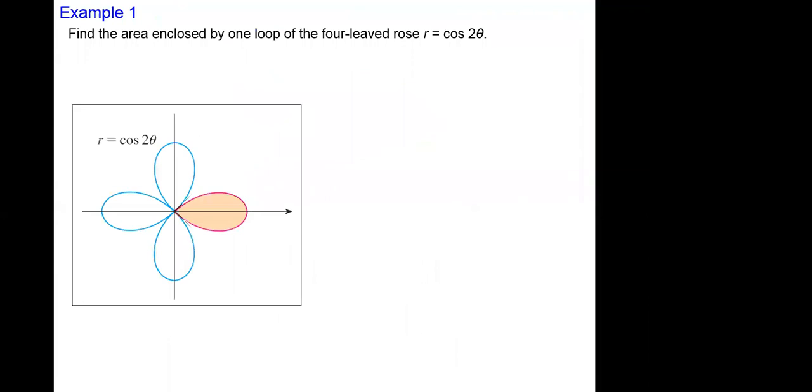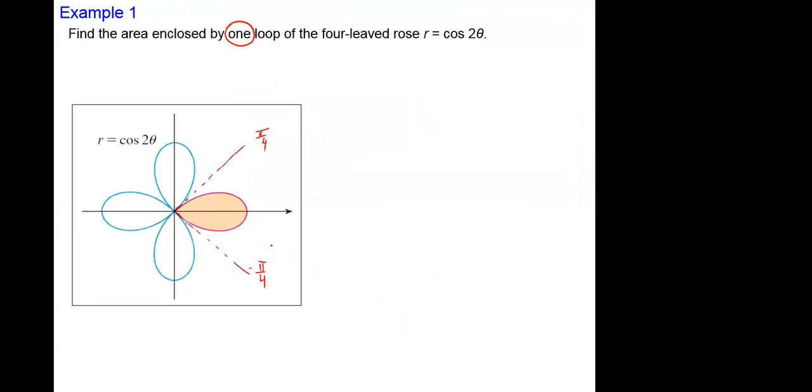Find the area enclosed by one loop of the four-leafed rose. We may call this curve r equals cosine 2 theta, so we can nicely see the graph, but we just need one loop. We know this is 45 degrees, because the limits of integration are so important.